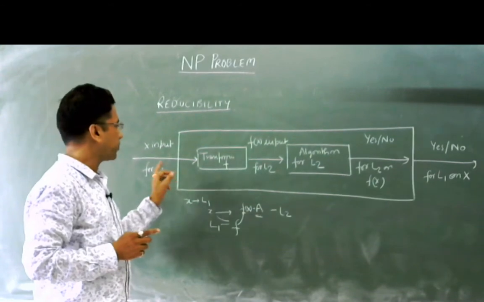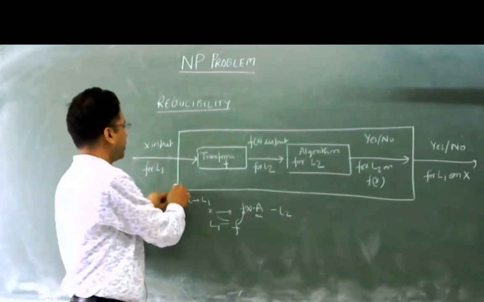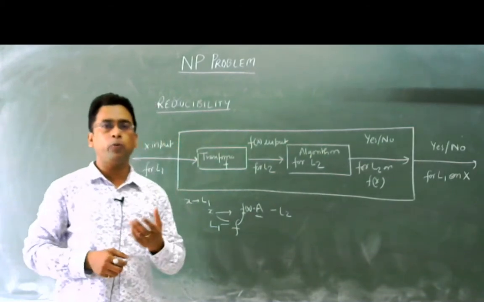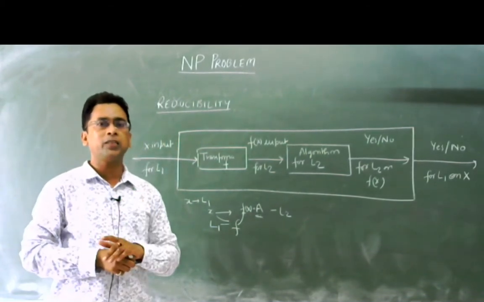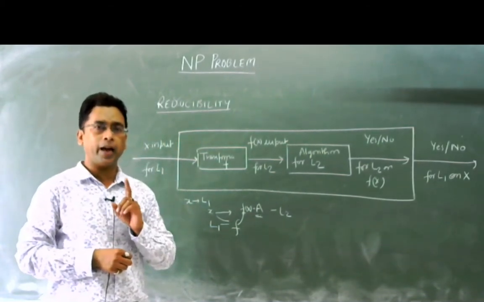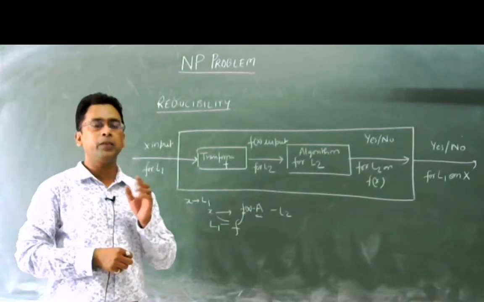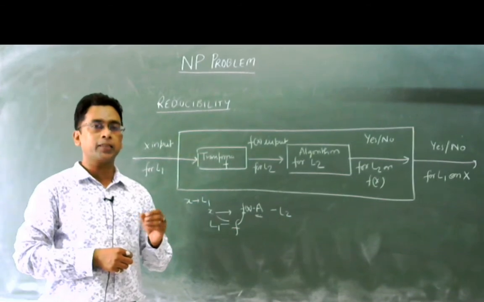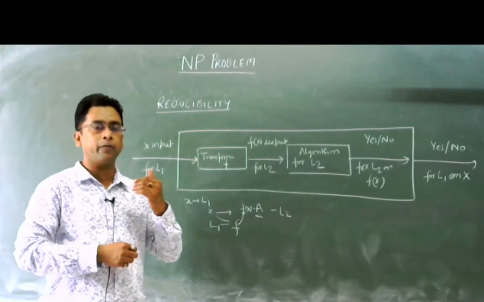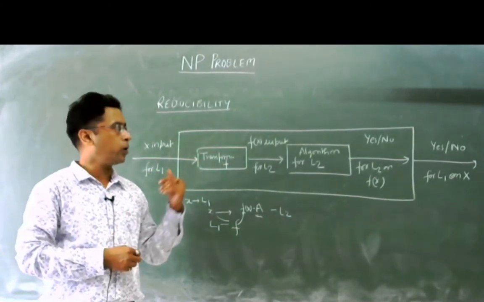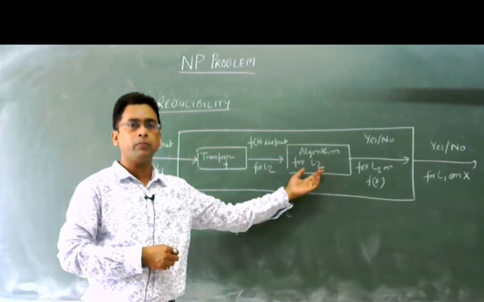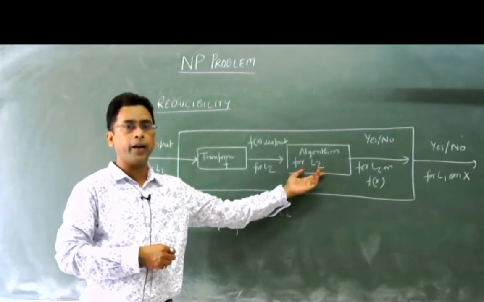In this way, suppose the language accepted by L1, the decision problem, is x. The input x can be converted into the input accepted by the algorithm of the problem L2.